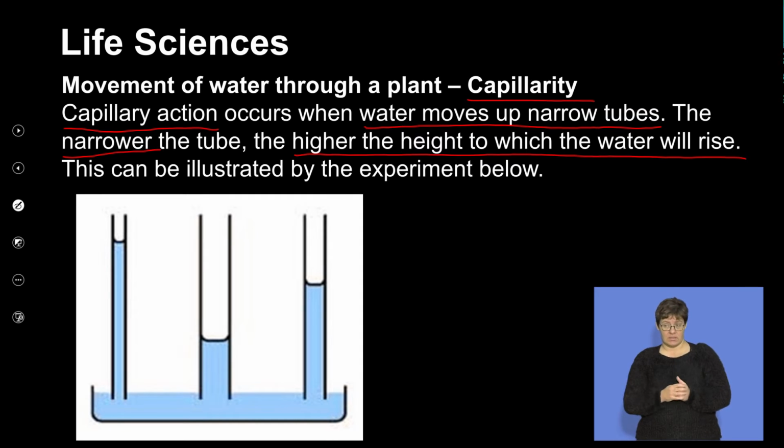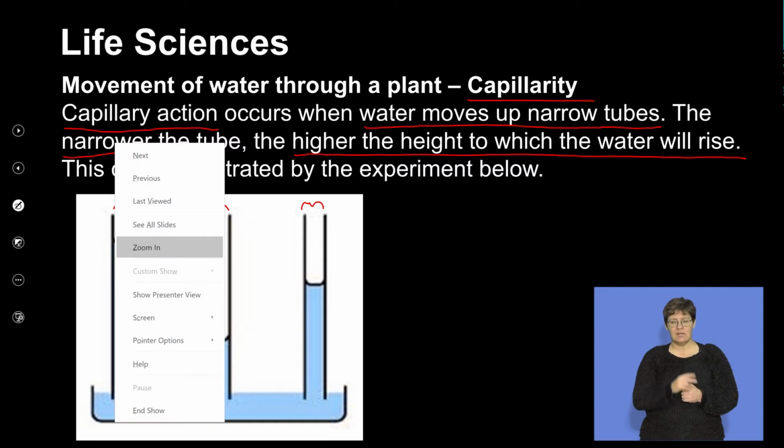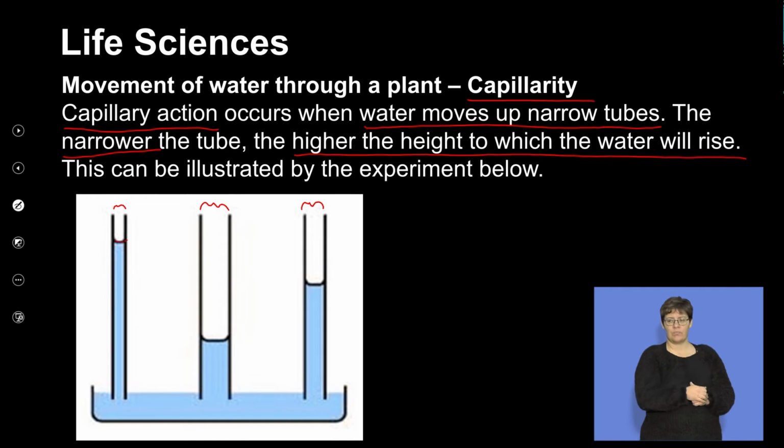In this experiment, there are 3 tubes: a wide one, a slightly narrower one, and a very narrow one. They are simply placed in water, and water will rise up the tubes simply because they are narrow. And as you can see, the narrower the tube, the higher the height to which the water rises.